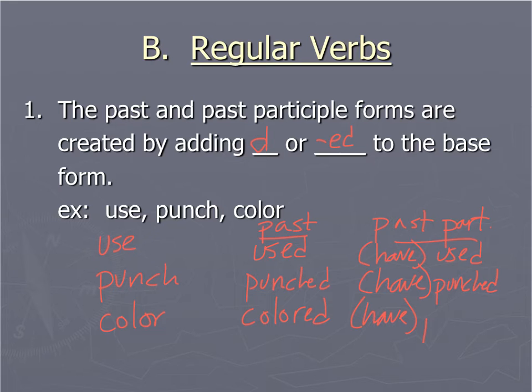Sorry. Let me erase here, see if this works. Got it. I'm rolling now. And then we're going to say colored. Okay. All right. So those are how you form regular verbs, how you make those past and past participle forms.